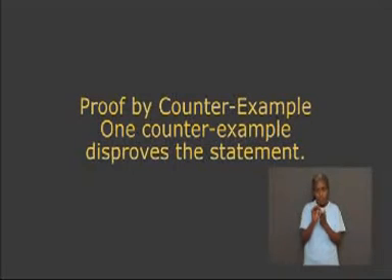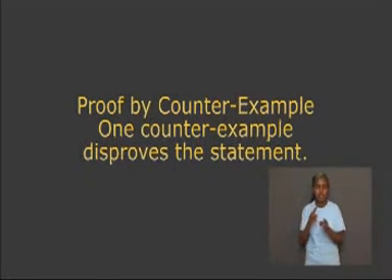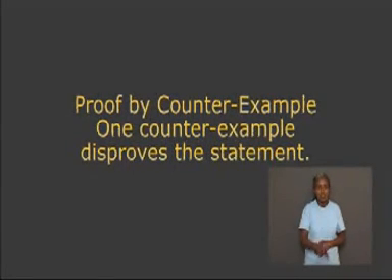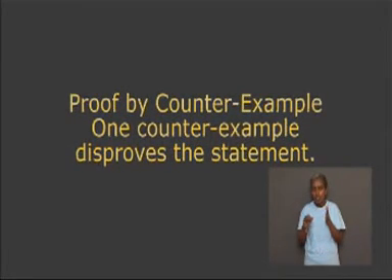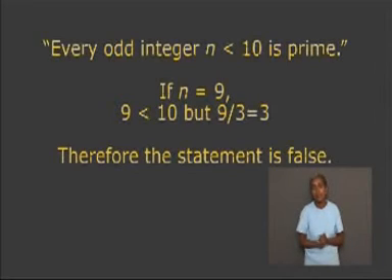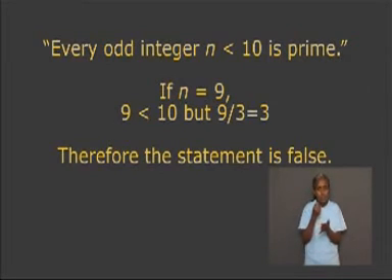The last method we will learn today is called proof by counterexample. Using this method, we must find a case in which the premise does not imply the conclusion. For instance, to disprove the statement "every odd integer n under 10 is prime," we must be able to produce a counterexample.